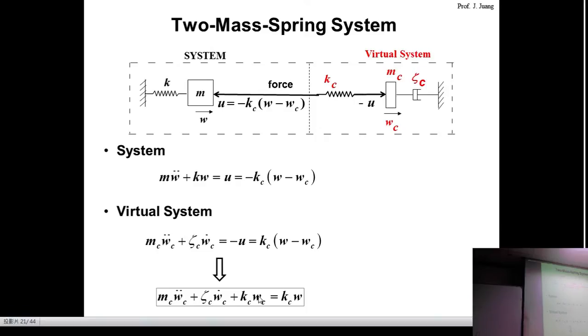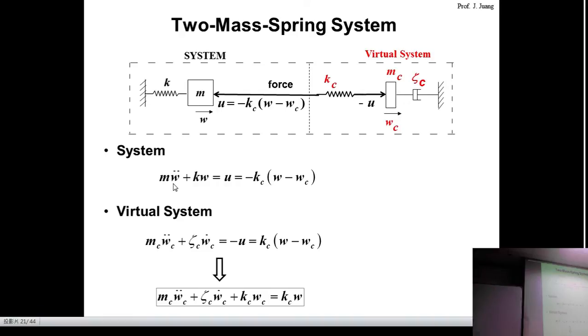Then as soon as we get WC, we take W from the measurement minus WC computed by the computer, in parentheses, then multiply by K C and put a negative sign here, and that's the force I give to the system. Understand?